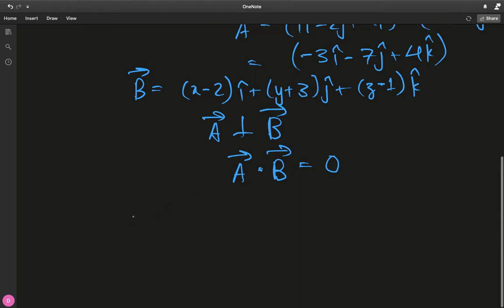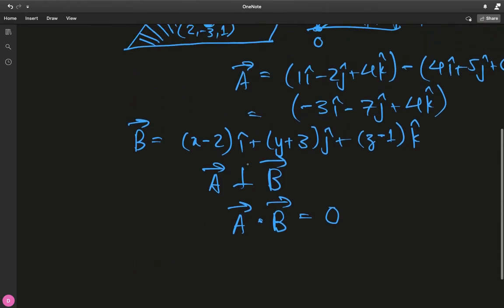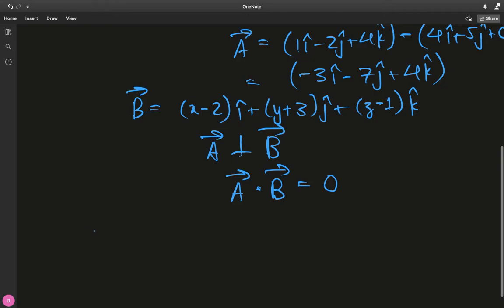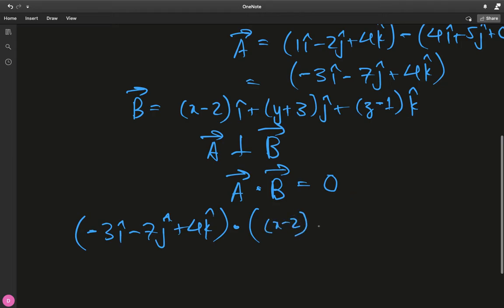So let's actually write, substitute now. A vector is negative 3 i cap, negative 7 j cap, plus 4 k cap, dotted with x minus 2 i cap plus y plus 3 j cap plus z minus 1 k cap.